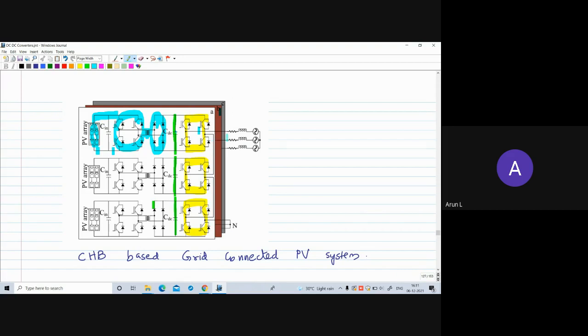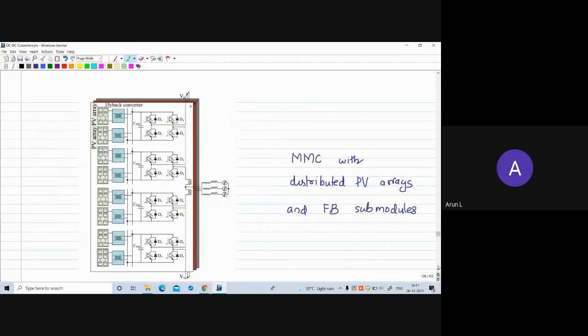That is one disadvantage. But the main advantage is these switches are low power, low voltage switches. And another advantage is that this cascaded H-bridge converter, and specifically modular multi-level converters, have fault tolerant operation capability. So what is fault tolerant capability?